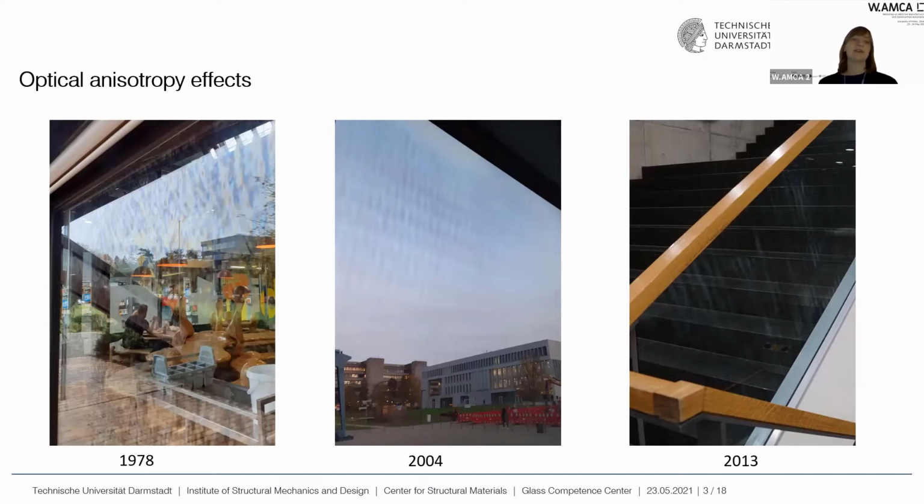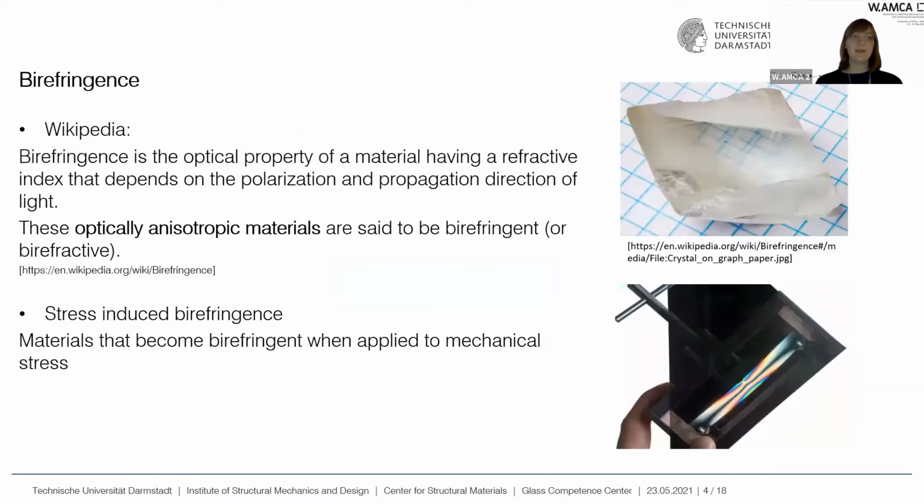And these effects are called optical anisotropy effects. You can see, from left to right, the optical quality of this product increased. And I want to tell you a bit about birefringence. Birefringence is the optical property of a material having a refractive index that depends on the polarization and propagation direction of light.